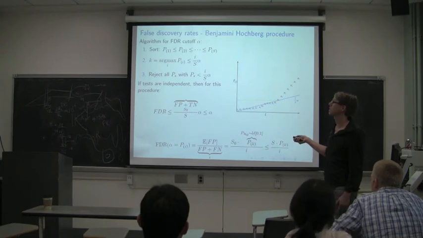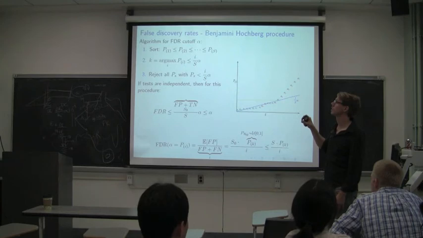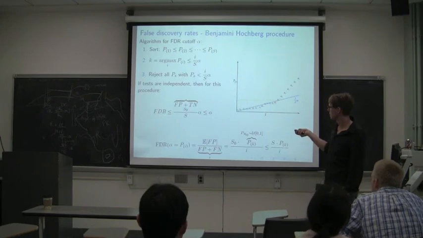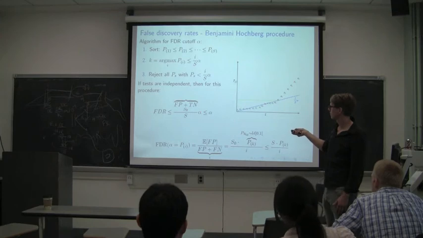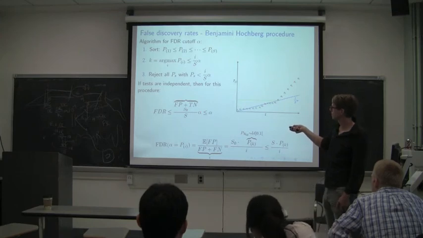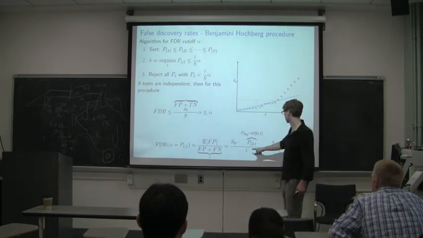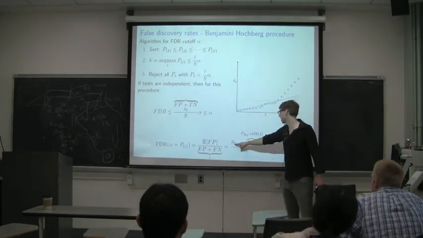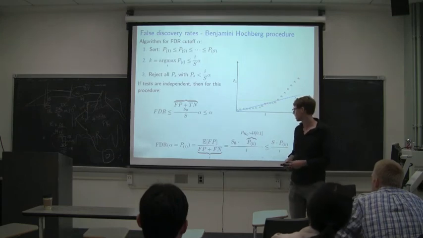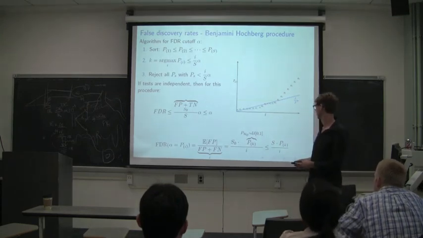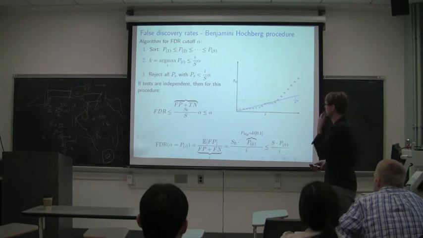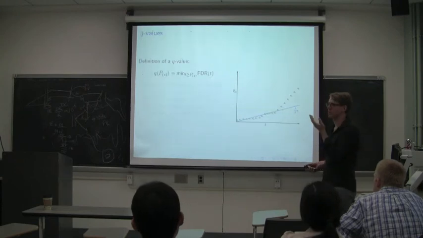So the false discovery rate for this procedure is smaller than S0 over S times alpha, which is smaller than alpha. This is just going from here to here, because we replaced S0 by S.